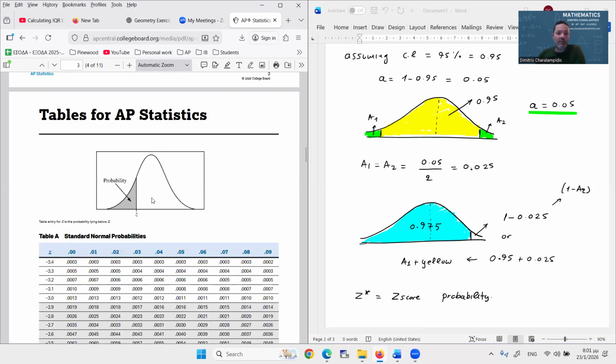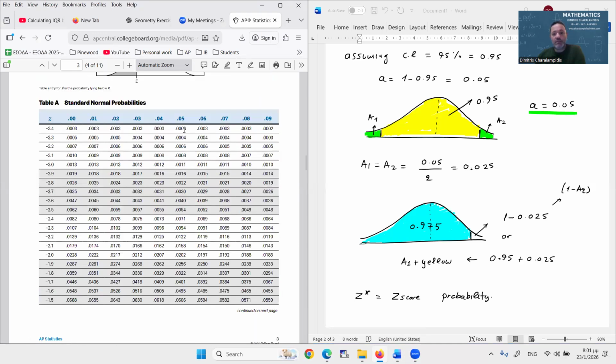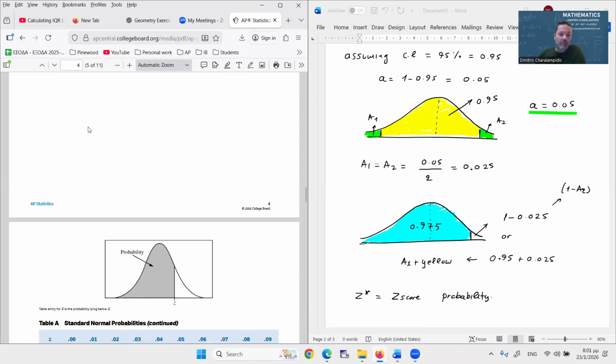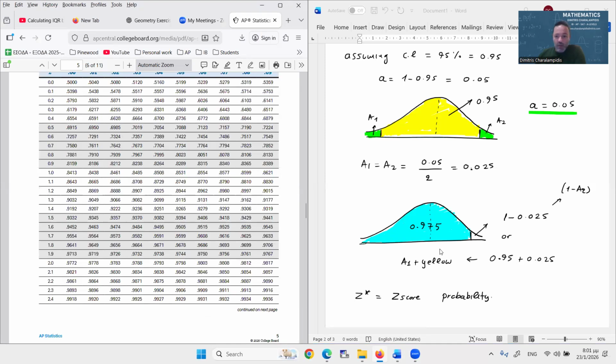This is the official statistics booklet. Since the area is way greater than 0.5, I should be searching on the last two. We need 0.975, so we need to search all these values to get where the 0.975 is.